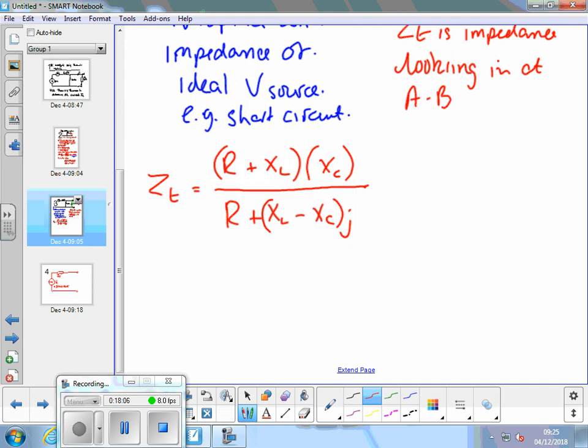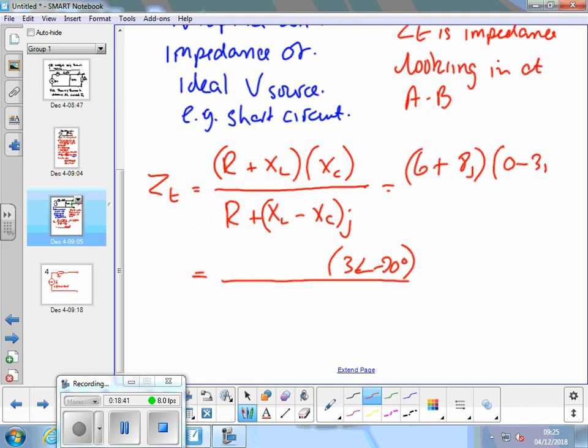So we already know what XC is. We'd probably be better off if all of this was in polar form. So we know what XC is in polar form. It is 3 ohms angle minus 90 degrees. Just put these in: 6 plus 8j, and that is 0 minus 3j.